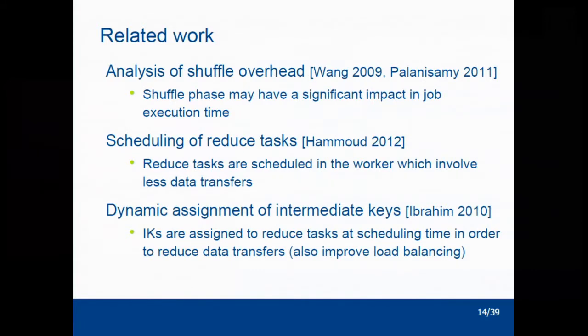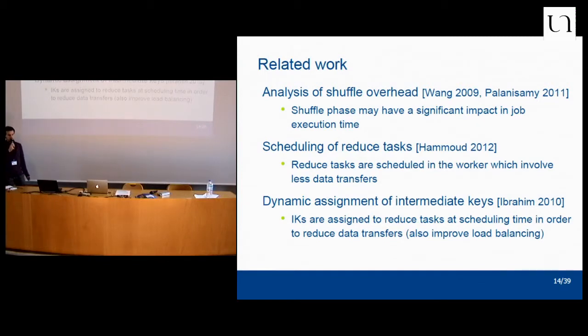In the related work, there has been some analysis of how much the overhead of data transfer in the shuffle phase is. There have been works in simulations over different network topologies and in experimentation on real clusters that have proved that it may pose a significant overhead to MapReduce jobs.